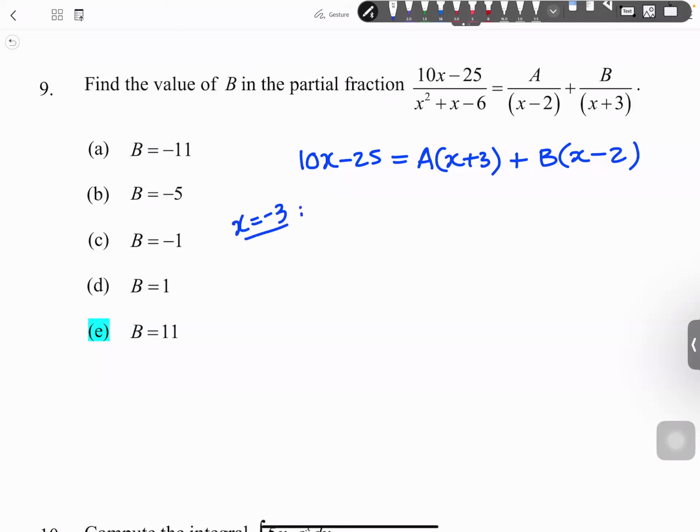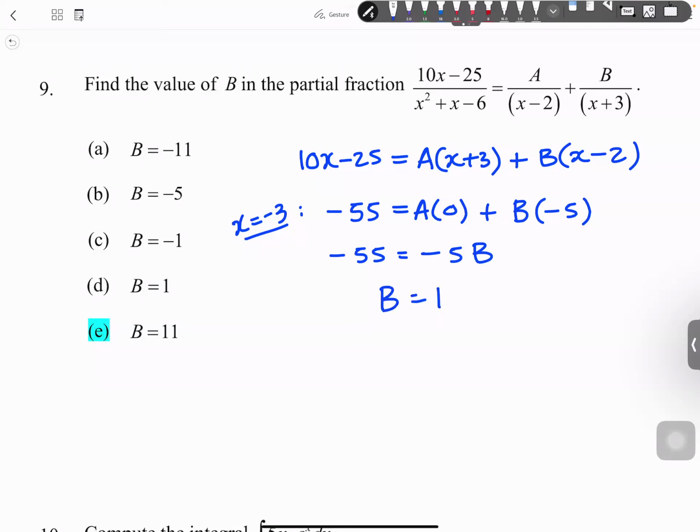If x is equal to negative 3, I'm going to get 10 times negative 3, so negative 30 minus 25, so minus 55 is equal to A times 0 plus B times negative 5. So negative 55 is equal to minus 5B. If I divide each side by negative 5, I get that B is equal to 11. Answer E.